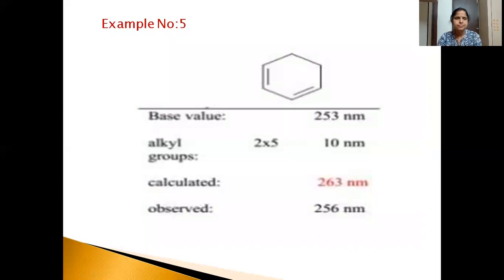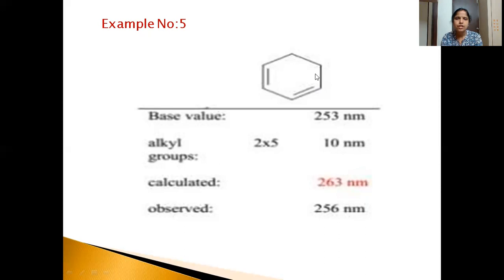Next example. Now these are simple examples again. So you can see these 2 double bonds present in the same ring. So the base value is 253 because it is homoannular diene. And how many ring residues is it having? This part. So for this carbon, this is 1 ring residue, and for this carbon, this is the ring residue.